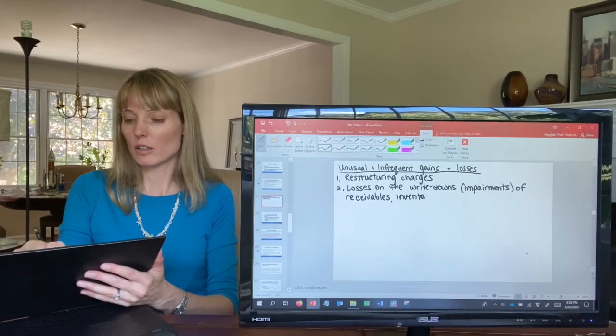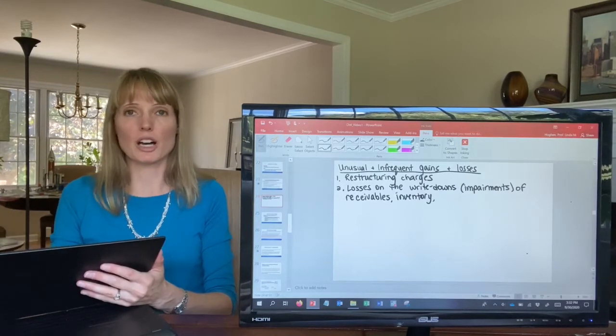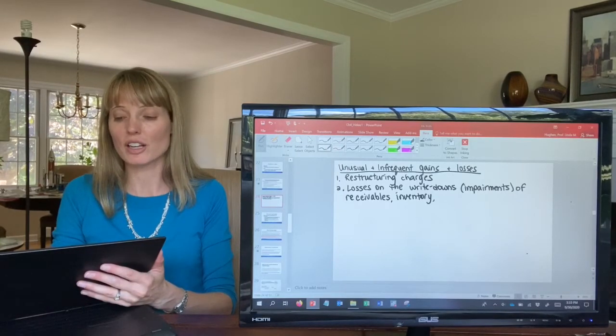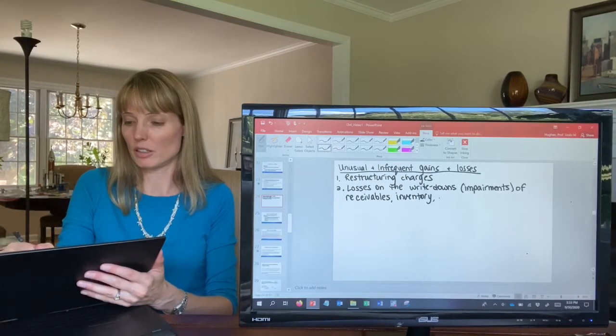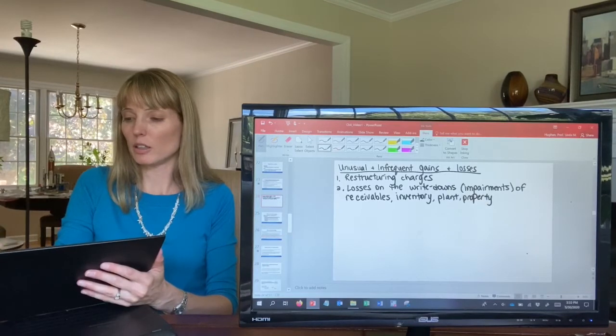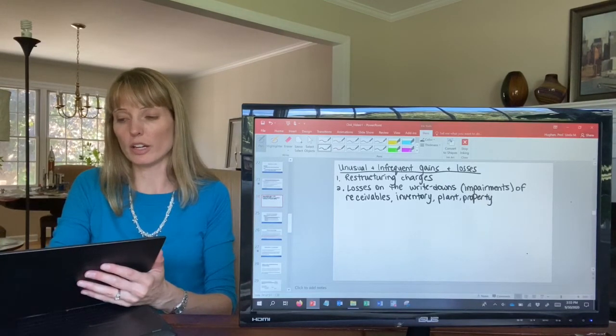Inventory. There's inventory that becomes obsolete and is no longer able to be sold, or not sold for an amount above cost. That inventory needs to be written down. Plant, property, and equipment. There's a major decline in real estate values or in the values of equipment.